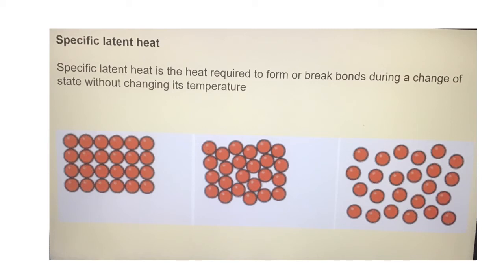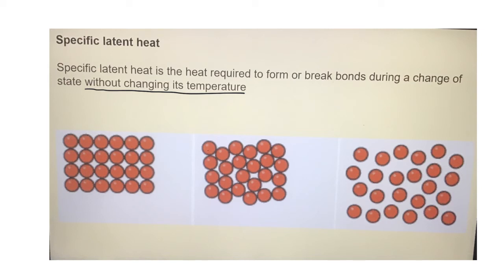But specific latent heat is the heat energy required to form or break bonds during a change of state without changing temperature. Okay? So when we're talking about latent heat, we're talking about when we're heating something but the temperature isn't increasing. Now, a classic part of this is that water can never go above 100 degrees, okay? Because as soon as we get to 100 degrees, the bonds begin to break, okay?